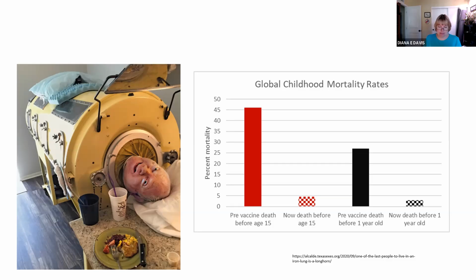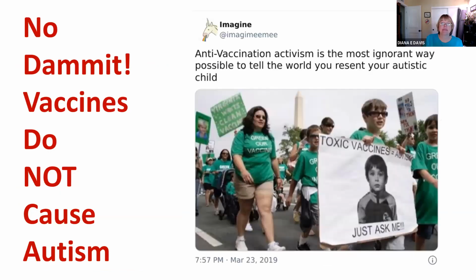Even with this, there are over 4 million deaths worldwide from vaccine preventable diseases. Some of this is from people who are anti-vax. Some of this is from people who don't have the option. They live in an impoverished country or someplace where it's very hard to get vaccines. Oh, here we go. No, damn it, vaccines do not cause autism.